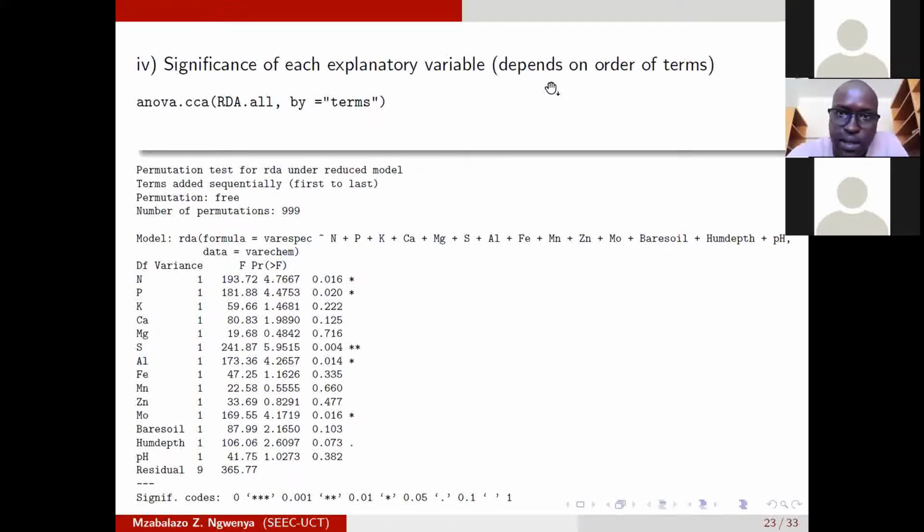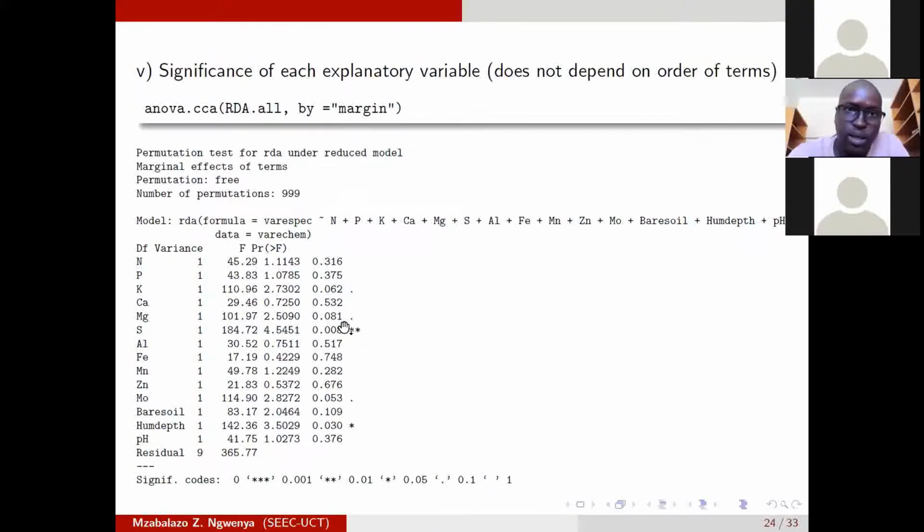But this one is not ideal because it depends on the order in which your terms enter your expression. A better significance test for your explanatory variables is one which does not depend on the order of the terms. If you specify by margin when you're calling anova.cca, that is what will be performed, a significance test where we have ignored the order in which your terms enter the model.